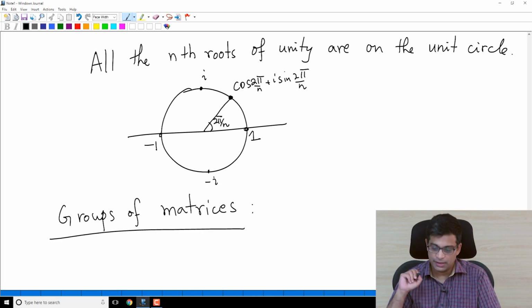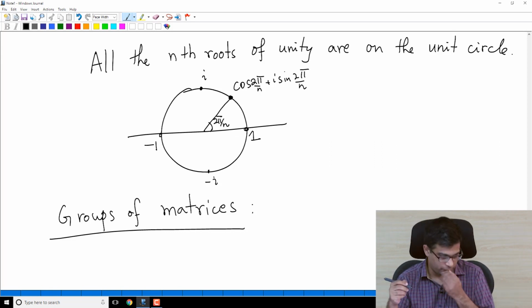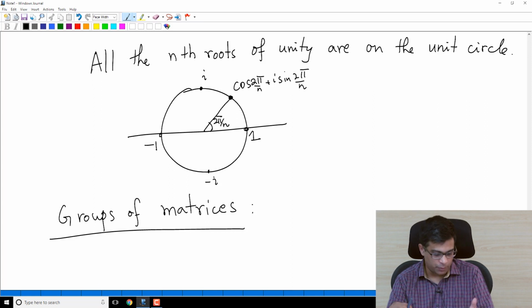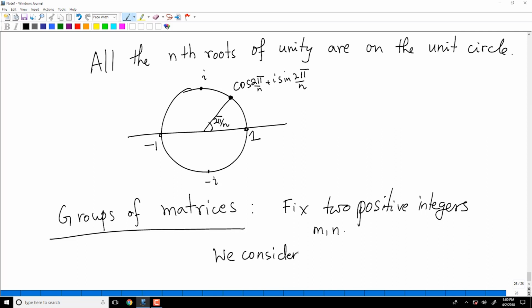Matrix groups will be good examples for us in future, and I am going to spend just a couple of minutes describing them, and then as and when needed we will discuss more of this. If you know what matrices are, let us say you fix two positive integers m and n, and we consider m by n matrices.